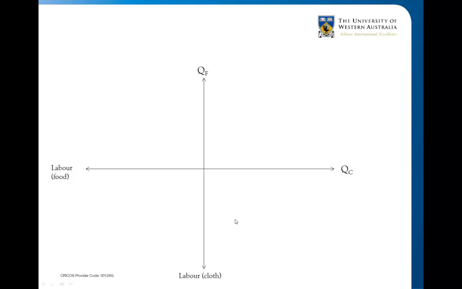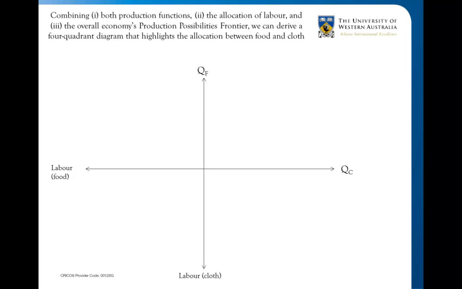And in this one here, we show how the quantity of cloth changes as you change the amount of labour that you use for cloth. We're going to bring them all together to show how we ultimately, in this top right-hand quadrant, derive the production possibility frontier.